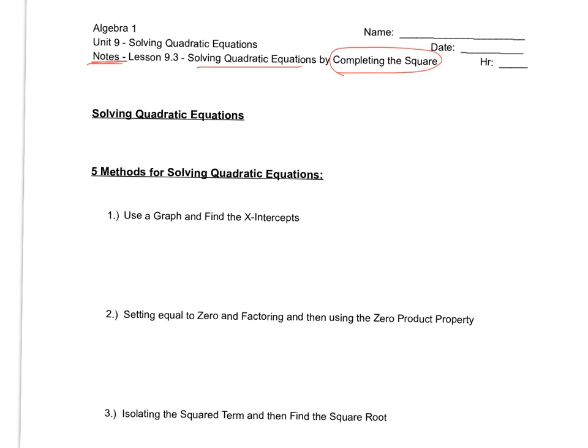Alright, so let's just do a little review. Let's remember what solve means. Solving means that you're trying to find the x-intercepts. That's what solve means in this case when we're dealing with quadratics.